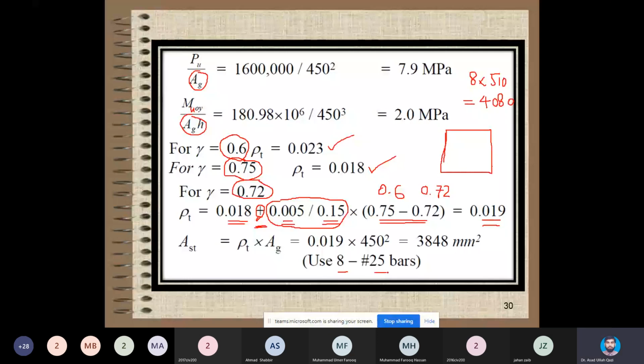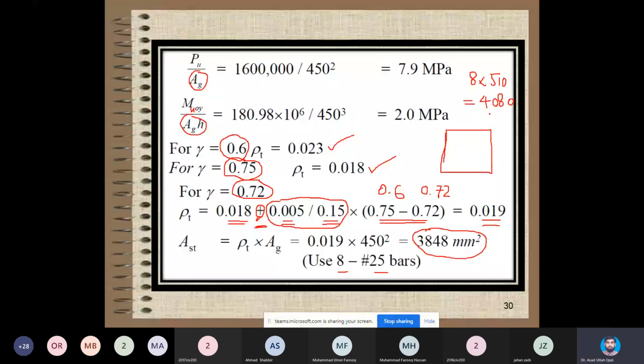So 4080 is a little higher than the actual demand, but I'm happy with that, because if I take the difference and calculate how much percentage it is higher than the required, I will get a little round up, which is quite acceptable.